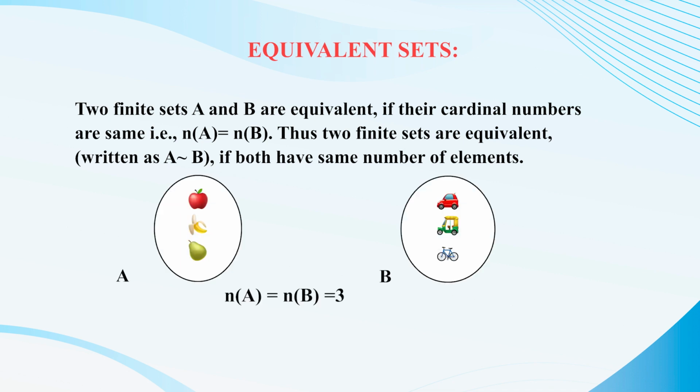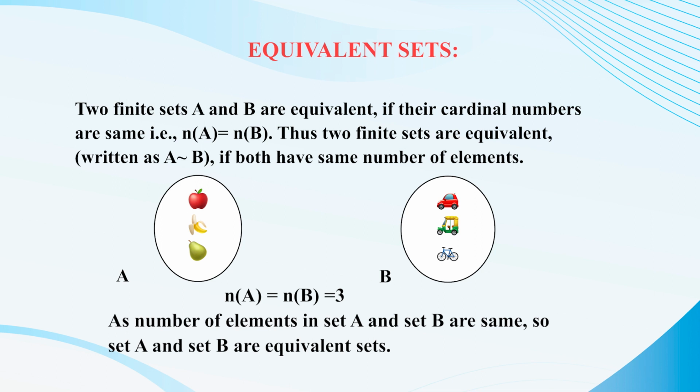In this diagram on your screen, both the sets A and B have different elements, but the number of elements in both the sets is exactly 3. So, both the sets are equivalent sets.